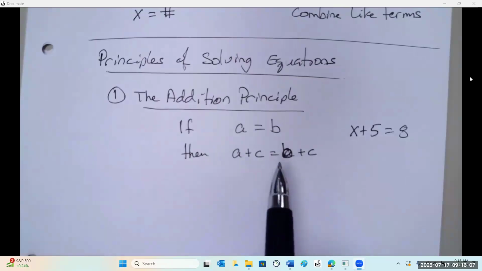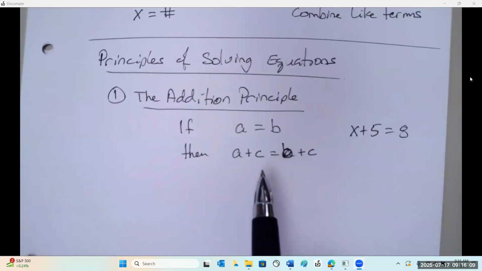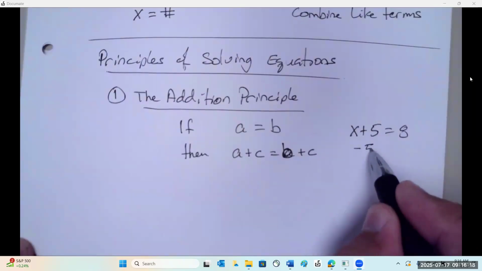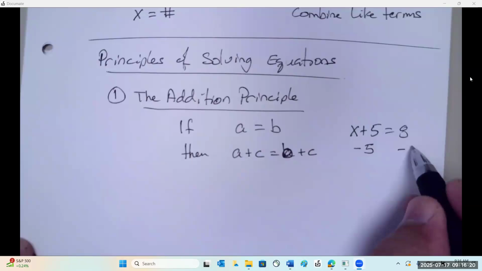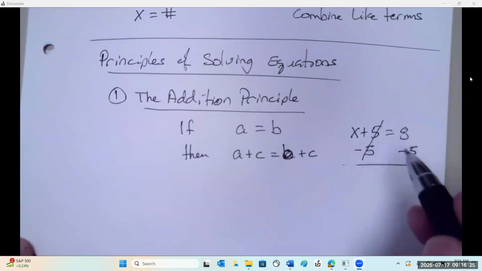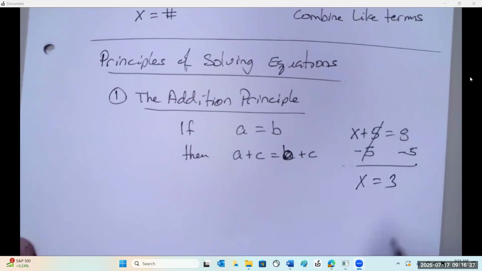Basically, think of the golden rule. Whatever you do to one side, you got to do to the other side. So if I want to get rid of the 5, if I subtract 5 from that side, I got to subtract 5 from this side. And since I'm subtracting the same amount, I keep equality. That's what it's used for.